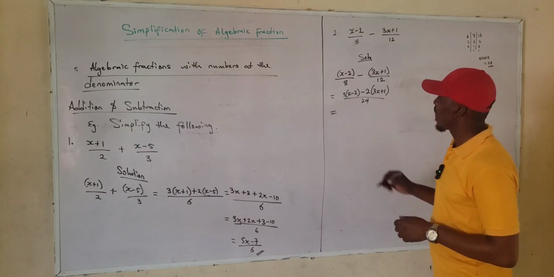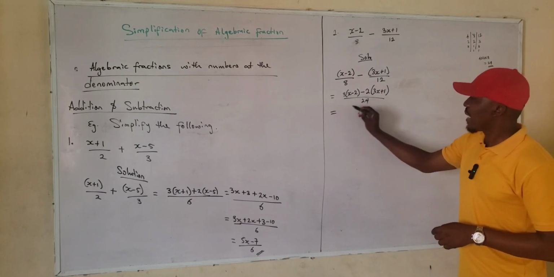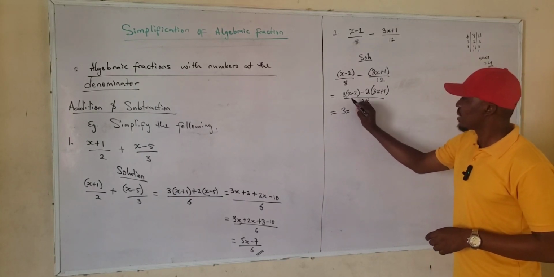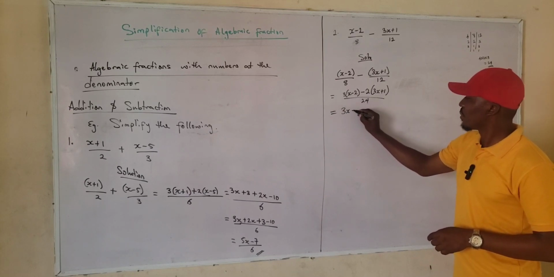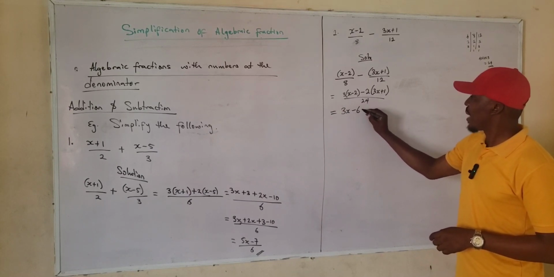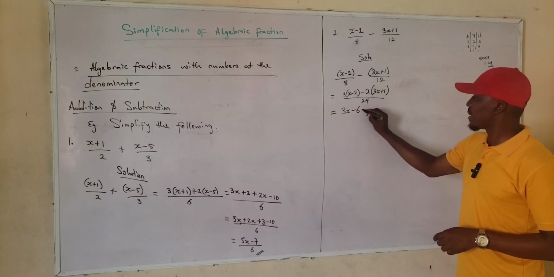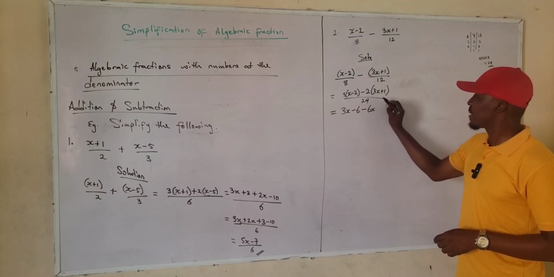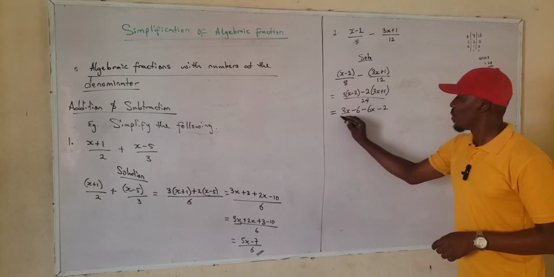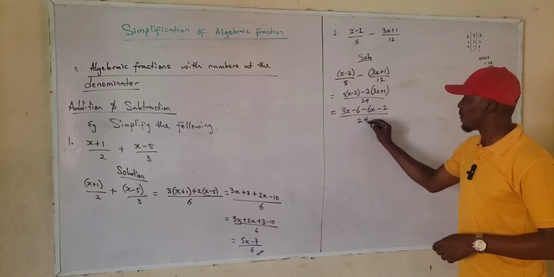So that will give me 3 times s, 3s, 3 times minus 2, minus 6, minus 2 times 3s, minus 6s, minus 2 times 1, minus 2, all over 24.